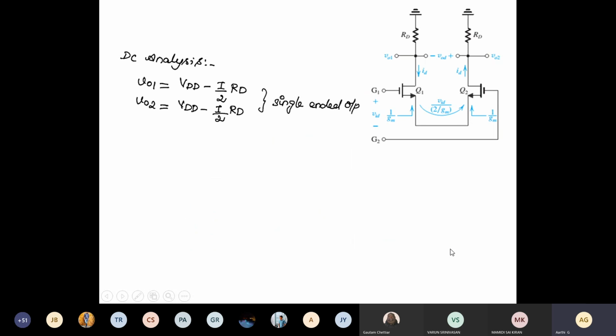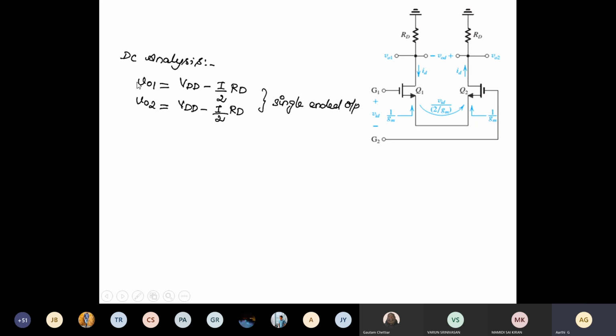In the DC analysis, we are just going to give the DC input VDD. We are going to have ID1 and ID2 as I by 2 and I by 2.